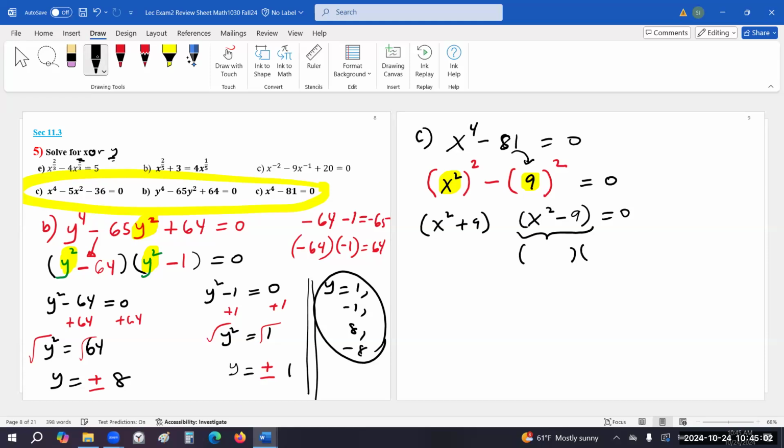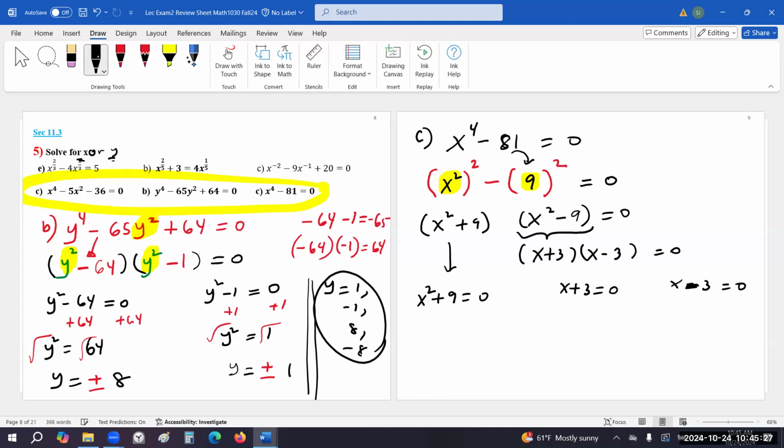What 2 factors do we get from here? x plus 3, x minus 3. So x squared plus 9, x plus 3, x minus 3.